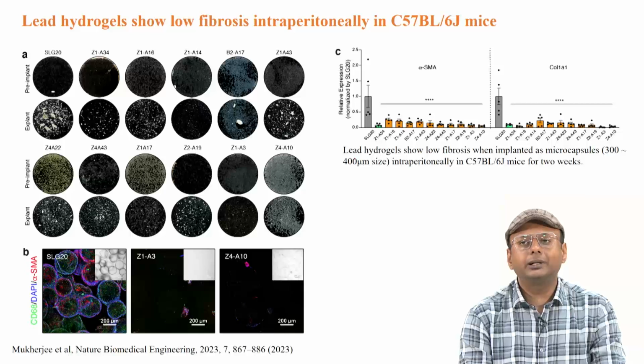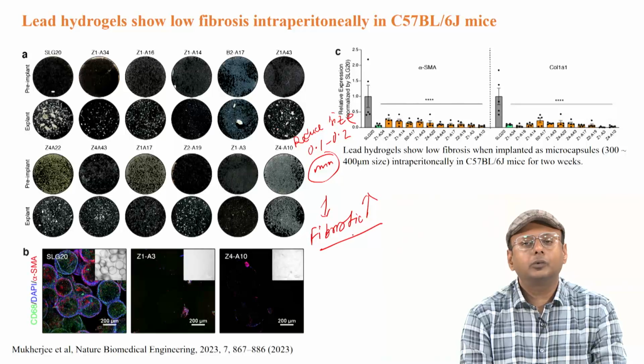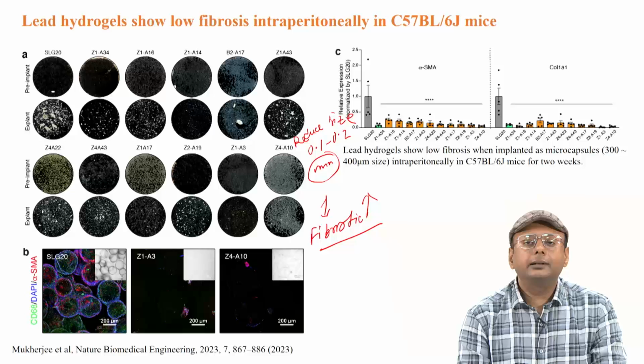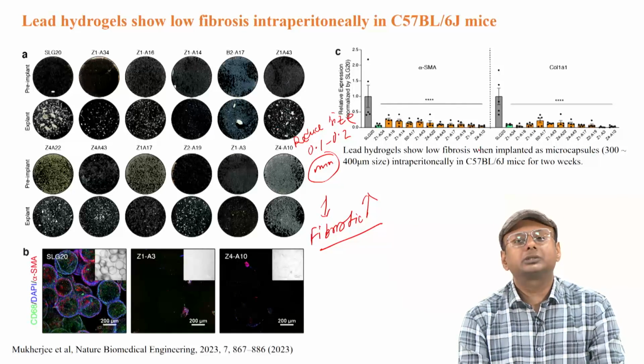So in this case, after the 1 millimeter capsule size, we reduced the capsule size to 0.1 to 0.2 millimeter. As we reduce the size, we expect that the fibrotic response may go up, right? And we want to test all the top 10 leads to see if we reduce the size, can it still prevent the fibrosis or not?